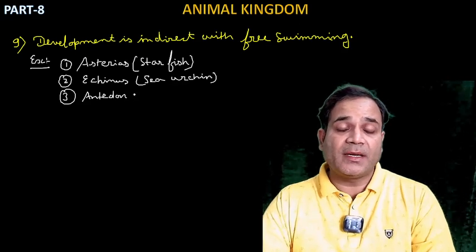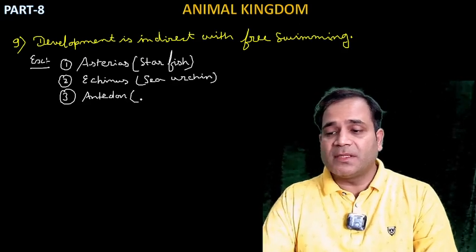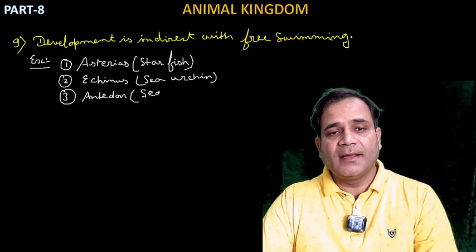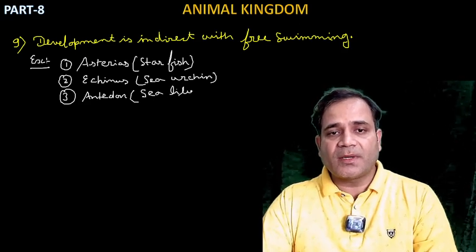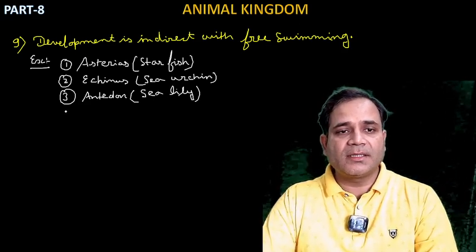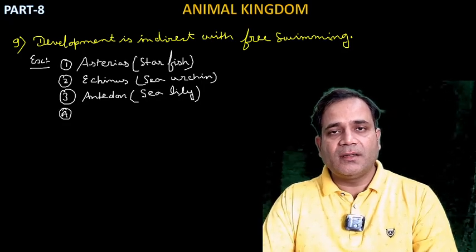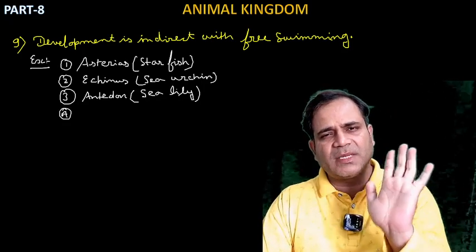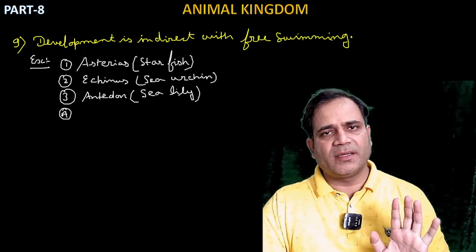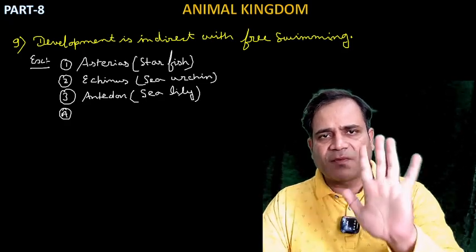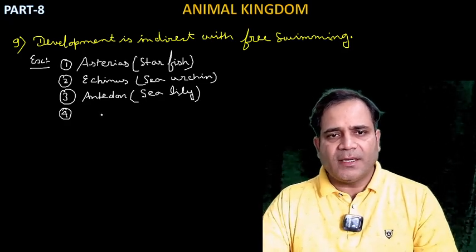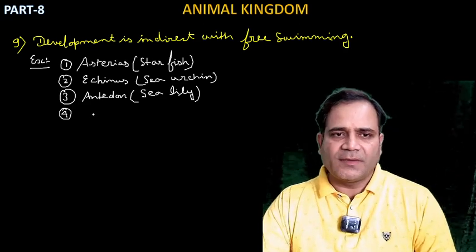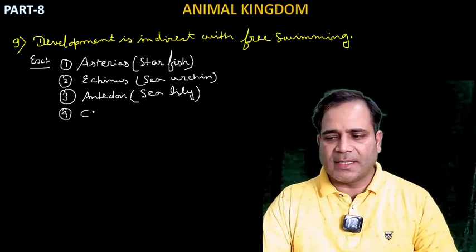If I'm saying Antedon, it means a sea lily. This one is very important. Yes, learn this one thing, my dear. How do you learn? The simple way is that you have to write it at least 5 times. Okay. Antedon, that is what? Sea lily. Then after that, Cucumaria, that is what?